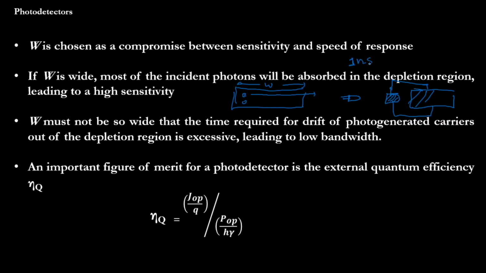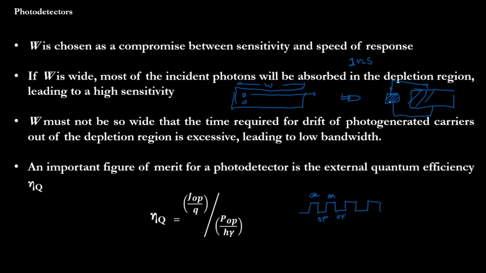That means the LED is on, the LED is off. It's a light pulse of 1 nanosecond. So my device is supposed to read this pulse.